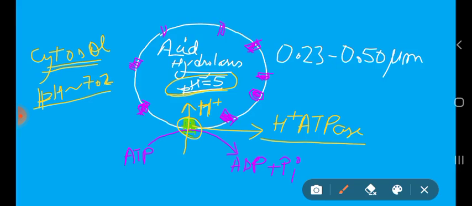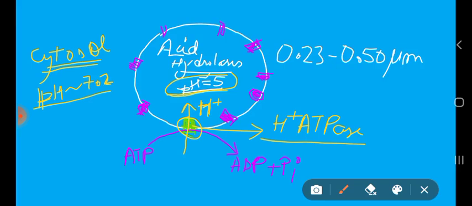They form a unique structure with the help of the carbohydrate, which protects them from getting degraded by these lysosomal enzymes.